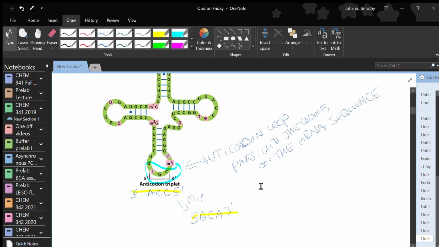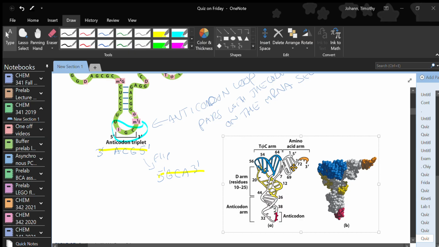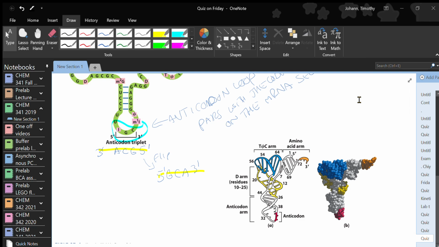All right, so maybe I'll just paste it here. Is that big enough for folks? I'm not expecting you to get a lot of detail out of this, but these 2-dimensional models you see actually look like this in 3 dimensions, where your amino acid attaches here, and that's your anticodon loop. So let's go ahead and at least annotate that.